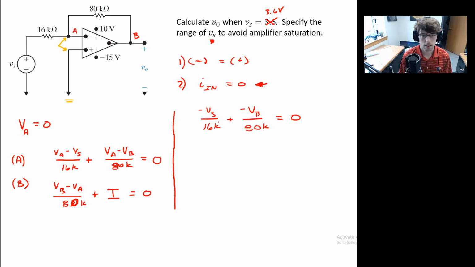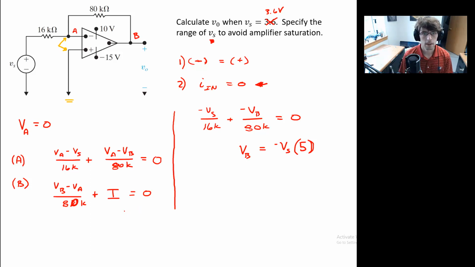Okay. Finding VB, we get something like VB equals VS, get a negative sign, and let's see, 80 over 16, 5. All right. So we notice that this will amplify the signal by a factor of 5.